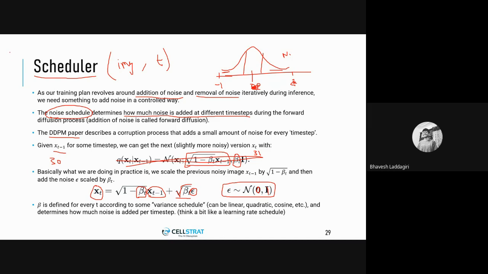Sometimes they are linear, so you linearly reduce the learning rate. Sometimes you have a step learning rate, which will always reduce it by half. And then you'll have, say, a cosine function as a learning rate schedule. So there are different ways. Similar to that, you can have a variance schedule, which can be of any function. So that beta t will determine it.